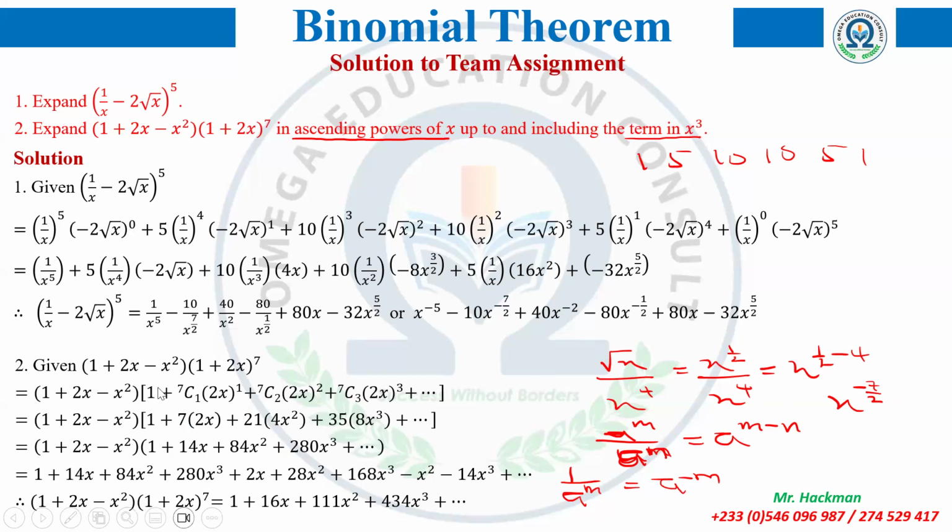Then this will be 1. You come and deal with the combination and push the powers in. So 7 combination 1 will give you 7. 2x to the power 1, if you push it inside, you get 2x, plus 7 combination 2, 21. 2x all squared will give us 2 squared, which is 4, then x squared. Then 7 combination 3 will give us 35. 2x cubed will give us 2 cubed, which is 8, then x cubed.